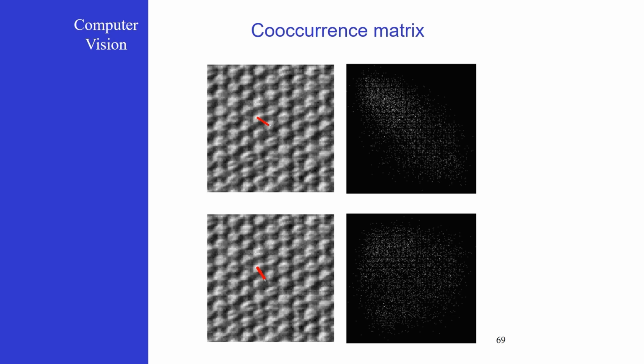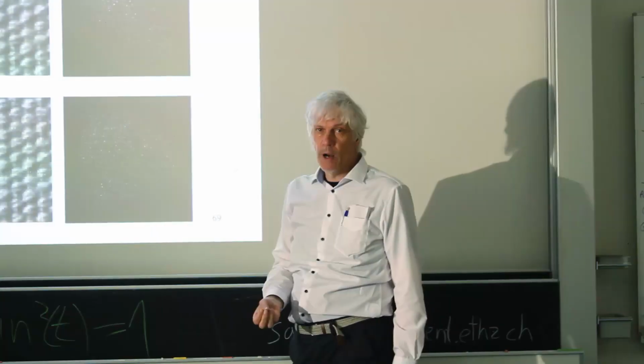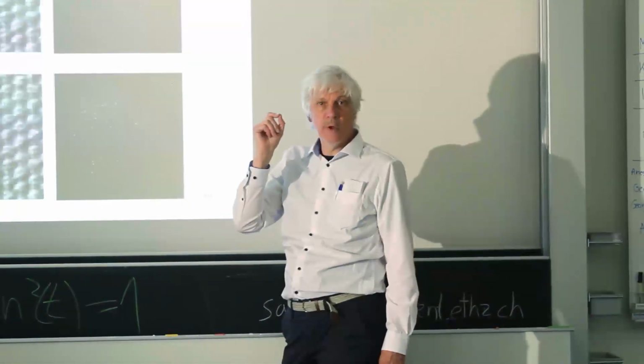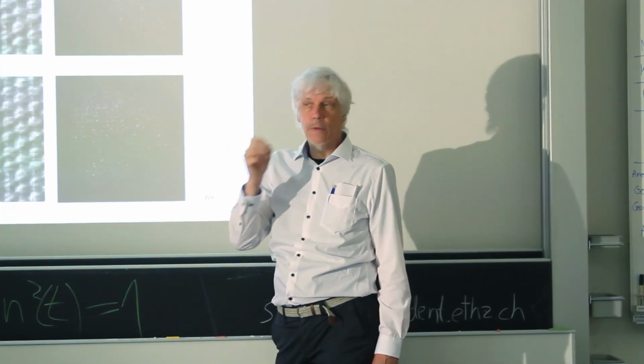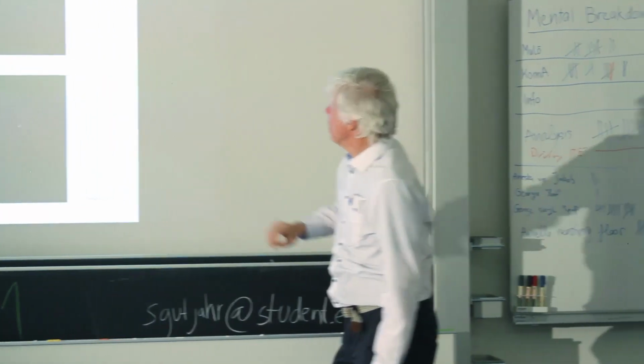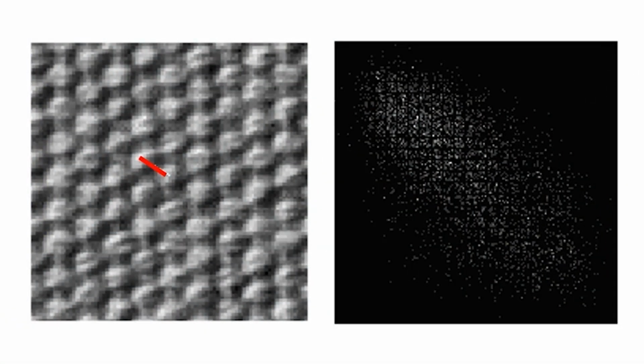The tail intensity I and the head intensity J are very similar. If they would be identical, then you would of course have to increment the position on the diagonal of the co-occurrence matrix. But black here means 0 and bright means higher. It's a bit difficult to see. The contrast won't be so good.